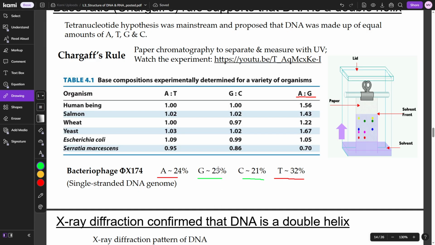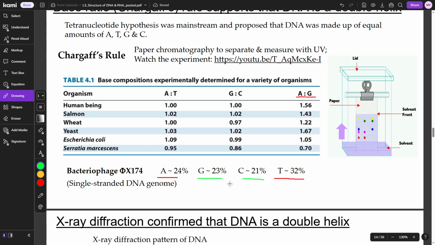Because if you had double-stranded DNA, then they need to be equal to each other. The A's need to be equal to the T's, and the G's need to be equal to the C's. That is just a fact. It has to be true. If it's single-stranded, though, those rules go out the window. Those rules go out the window for Chargaff's rule. It does not apply anymore if it's single-stranded DNA.